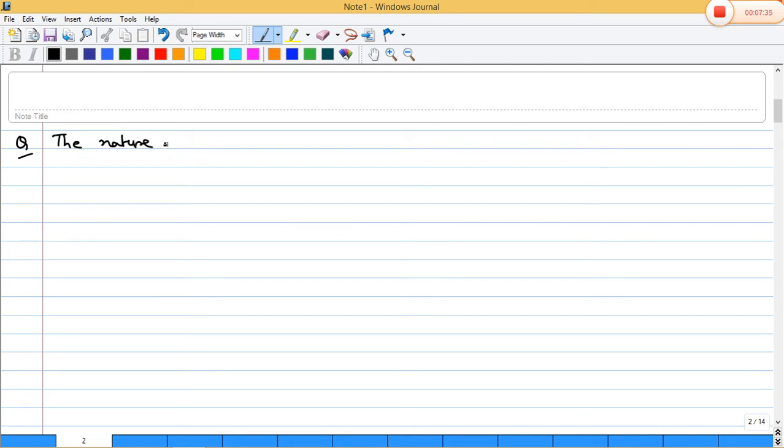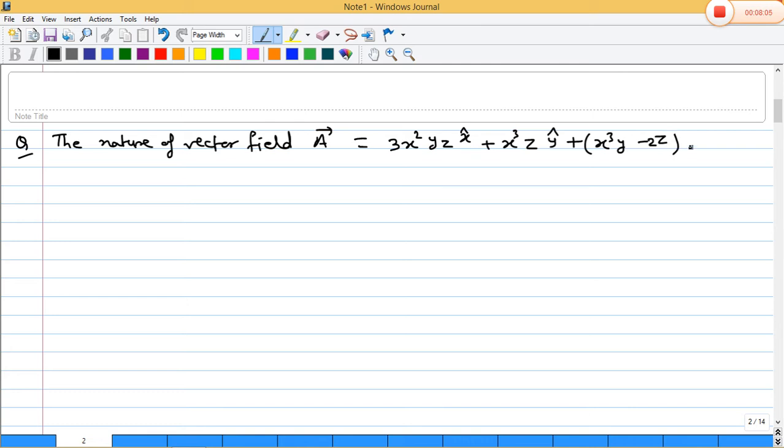The nature of the vector field A is given as 3x square yz x cap plus x cube z y cap plus x cube y minus 2z z cap is, okay.